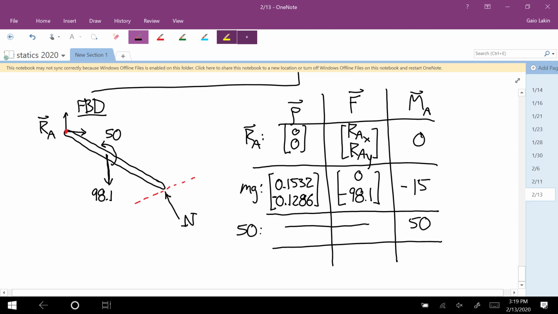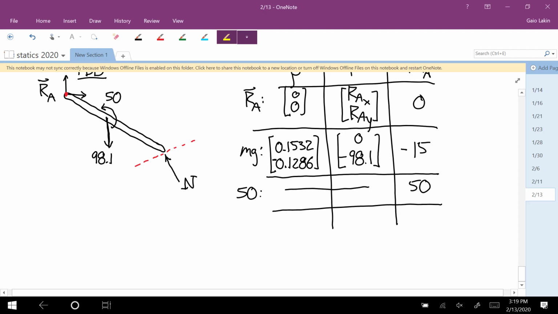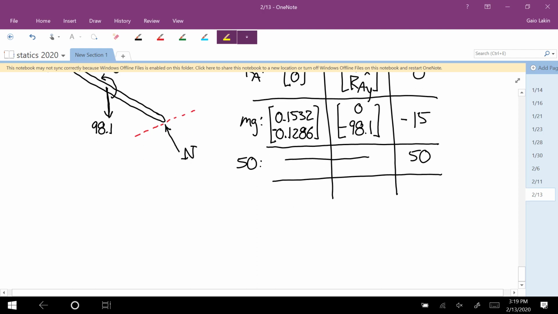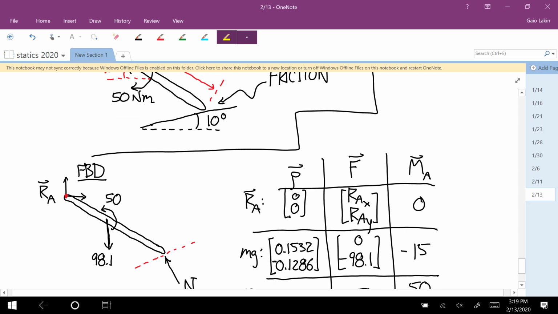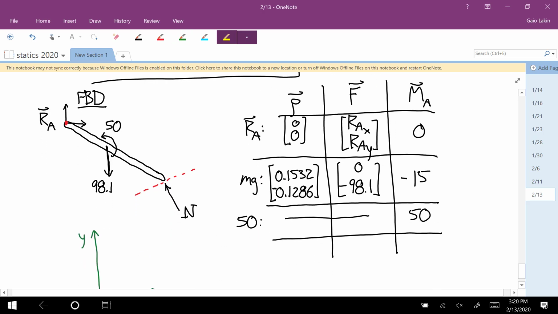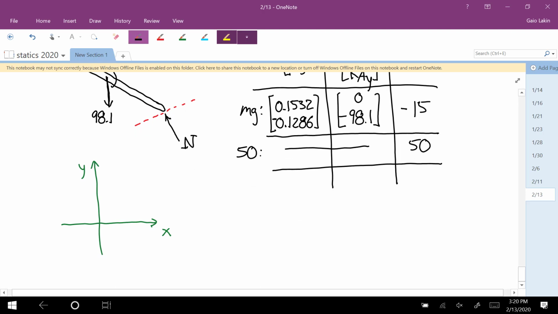And then the last one, this normal force, is the trickiest angle of this. So the way to think of that angle, to me, is draw the coordinate system. And what you're given is it's 10 degrees from the horizontal to a vector in this direction.